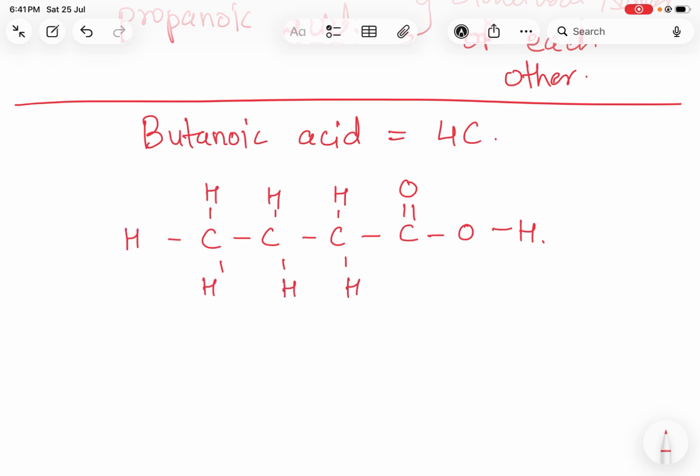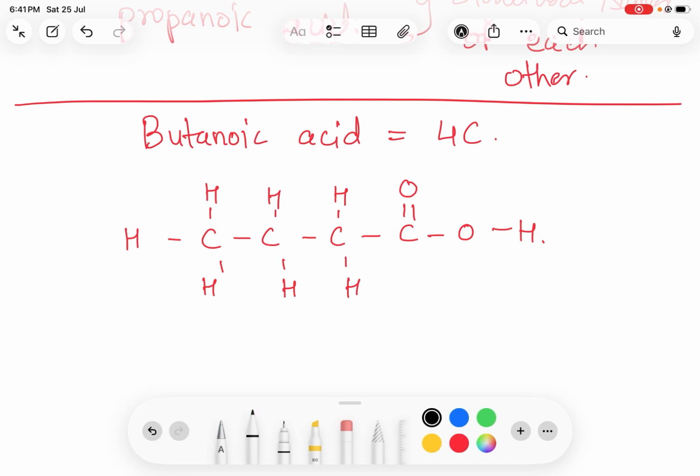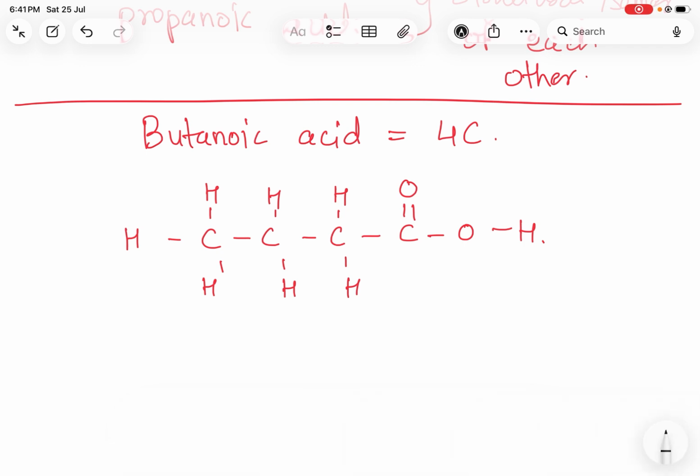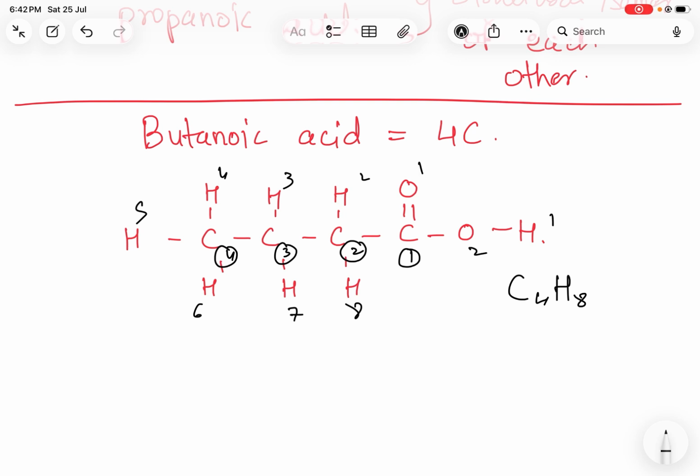Now, let's write the molecular formula. So I have 4 carbon atoms. Okay, 1, 2, 3, and 4. So it is C4. Then how many hydrogens do I have? 1, 2, 3, 4, 5, 6, 7, 8. H8, and I have 1 and 2 oxygen atoms. So my molecular formula is C4H8O2.